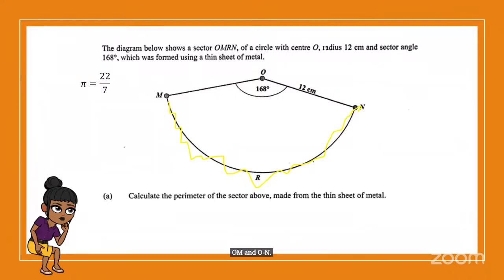What is ON? 12. What does 12 represent? The radius. OM is what? Miss, it's also 12, because it's also the radius. All right? Keep that in mind.